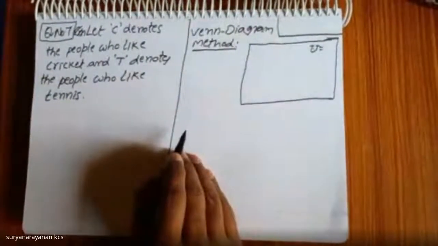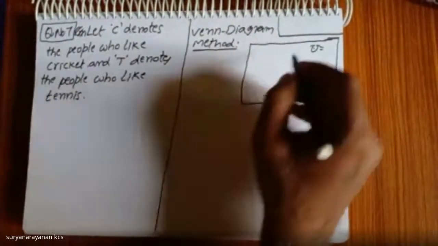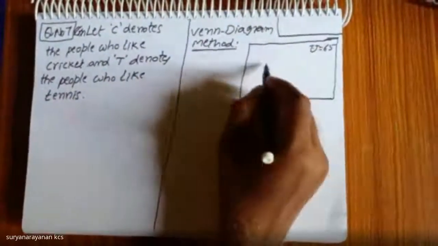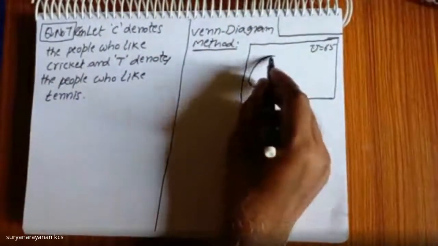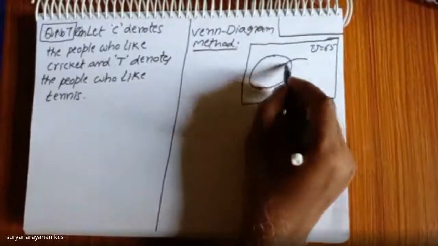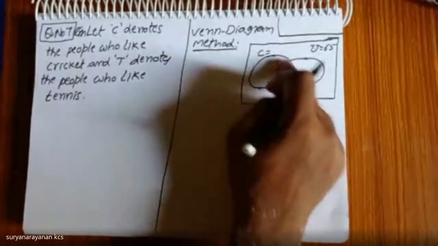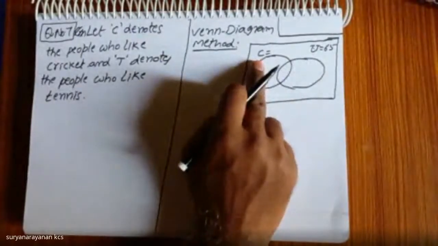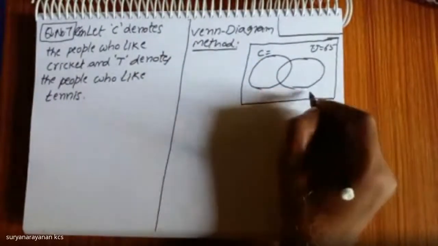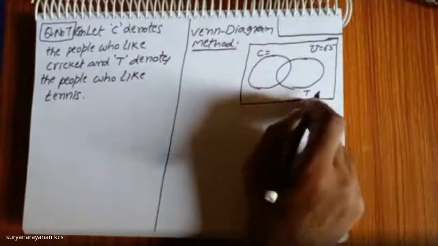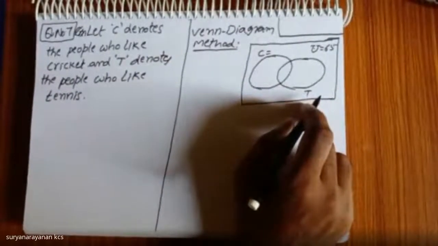In the group of 65 people, let us denote this circle as the people who like cricket, and the second circle to denote the people who like tennis.